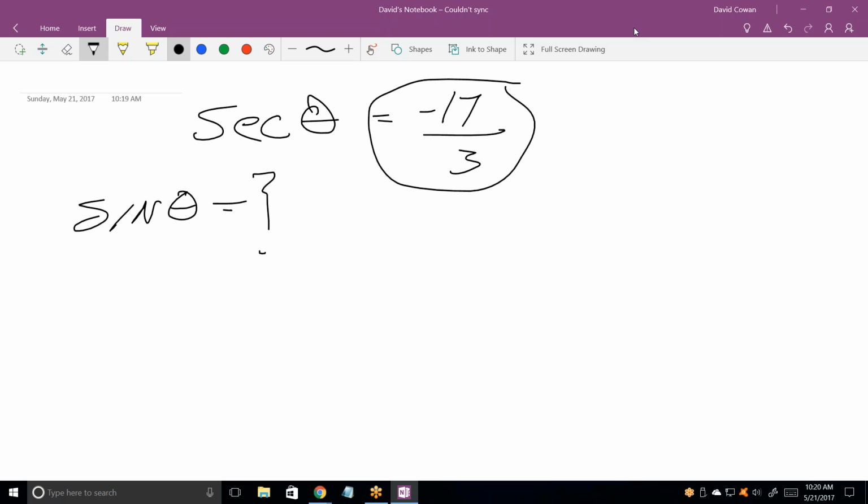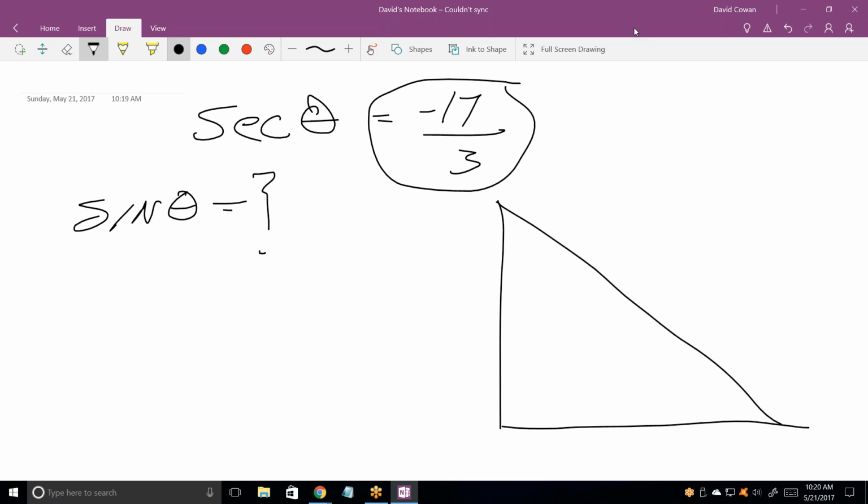The one thing I can do with that information is draw a triangle and label theta. Now they're telling me that the secant of theta, which is the hypotenuse over the adjacent, is 17/3. It's negative, but all that tells me is which quadrant it might be in.